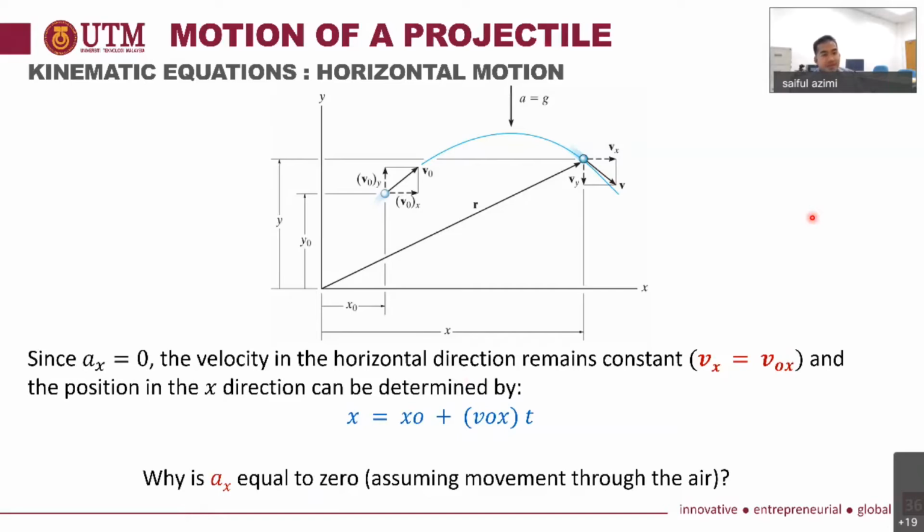Okay, Ax equals 0 because we neglect the air resistance. If we neglect the air resistance, that's why Ax equals 0, and also Ay is constant.